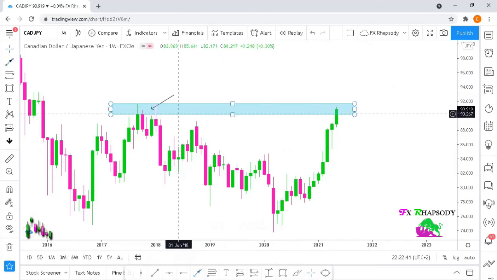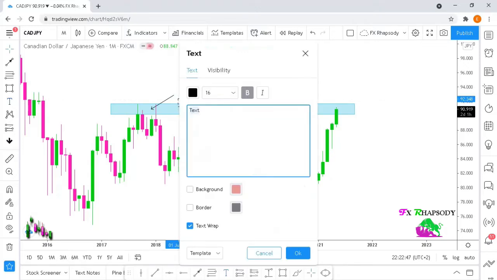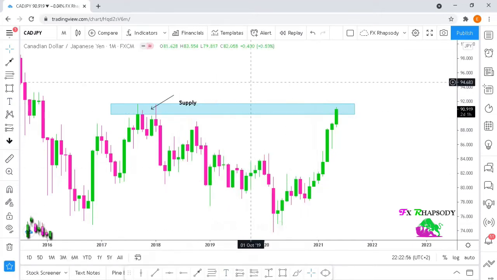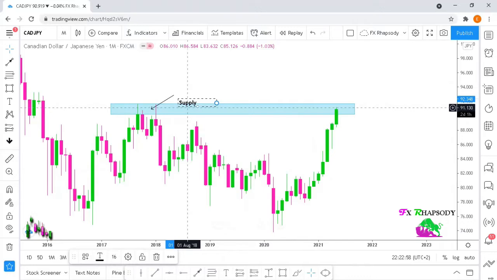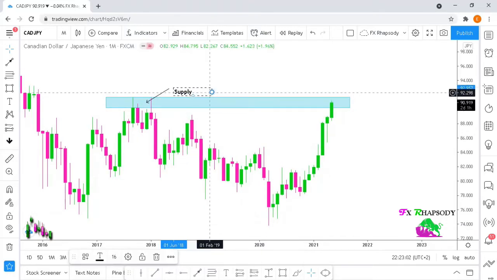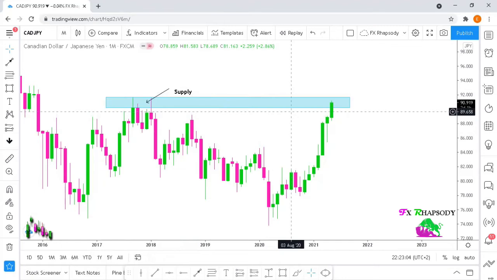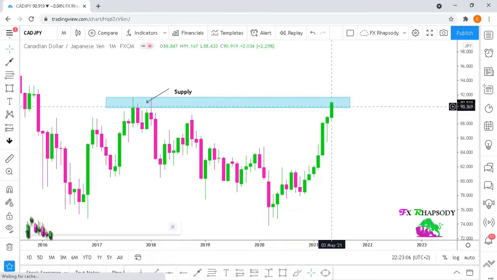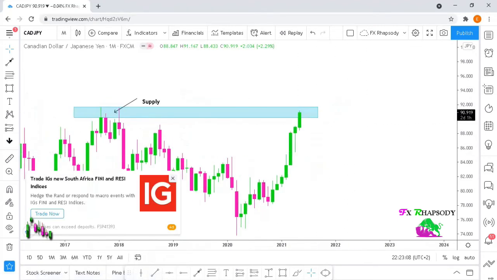This area with these long wicks, what is that called? That is, whoops, supply zone. It's a huge supply area, an area of supply, and currently the Canadian dollar is tapping into that big supply zone.